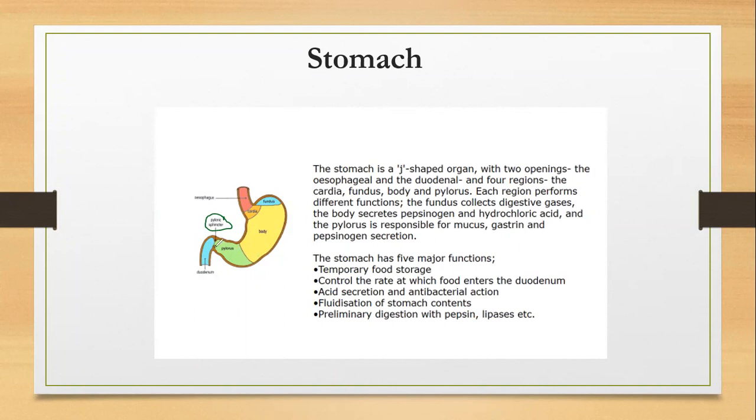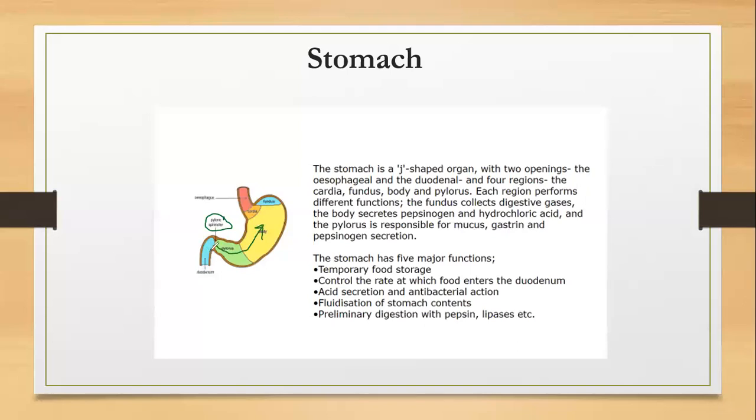And once the sphincter closes, all the remaining food will be pushed back into the stomach. And then the stomach will contract again and try to squeeze all the contents towards the bottom. And when they reach there, the pyloric sphincter will open slightly, again allowing a small amount of the chyme to go into the duodenum.